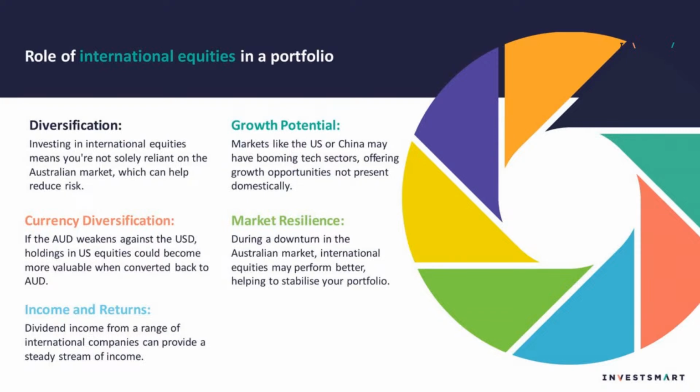You're not limiting yourself to the Australian market. You're allowing yourself to get some of the growth potential from overseas, and we've put there the US and China with their tech markets. There's also currency diversification, so you're not just reliant upon the Aussie dollar. There's exposure to overseas markets too, like the European market and the Asian markets.